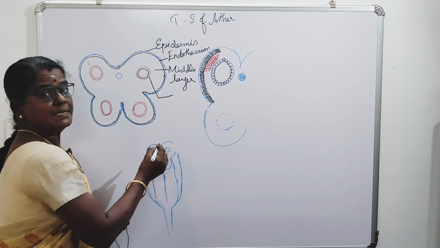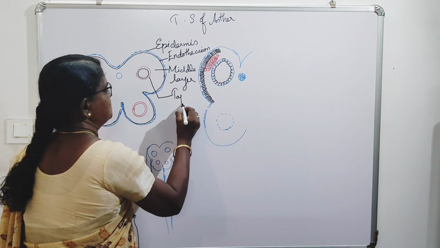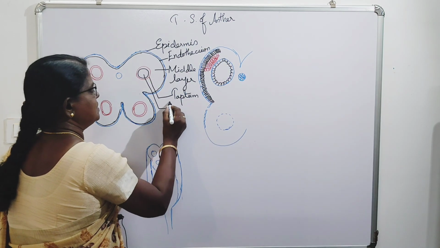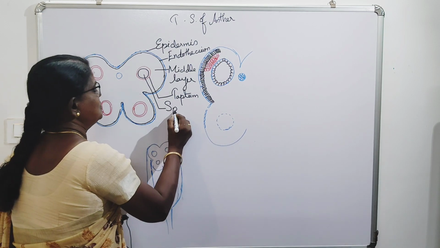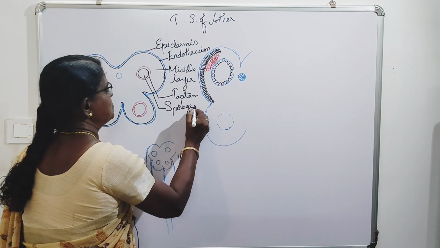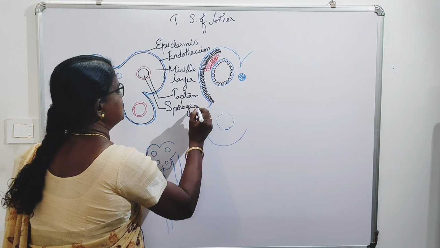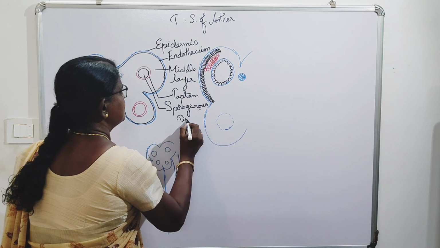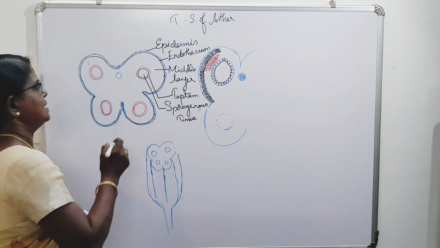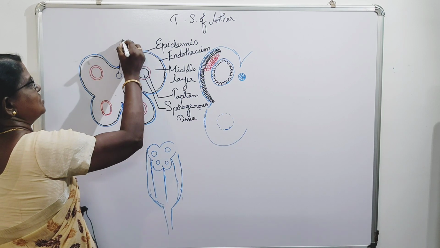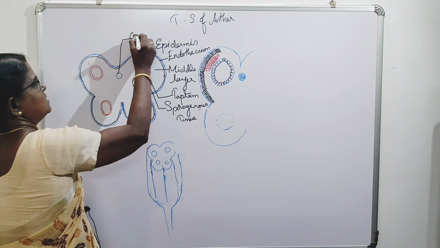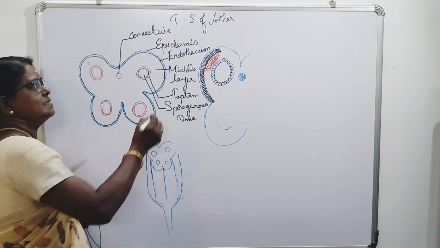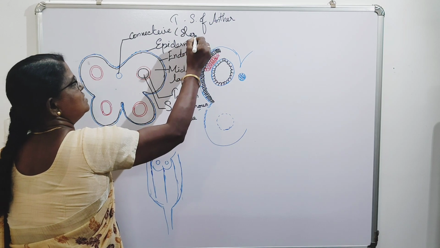Next layer is tapetum. Then inside, this is known as sporogenous tissue. In this cross section, at the center, you can see this structure. This is known as connective. Connective means that this is sterile tissue.